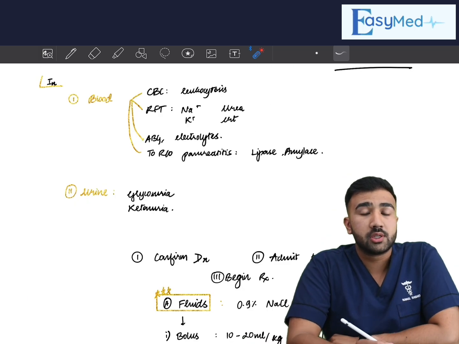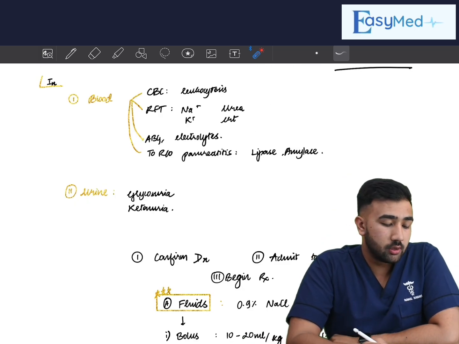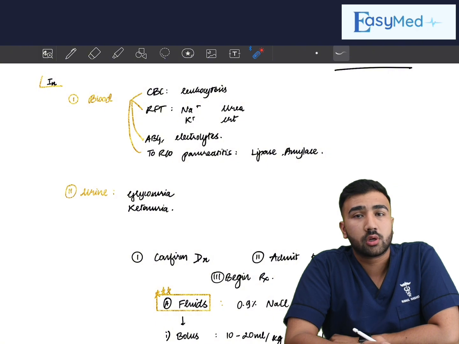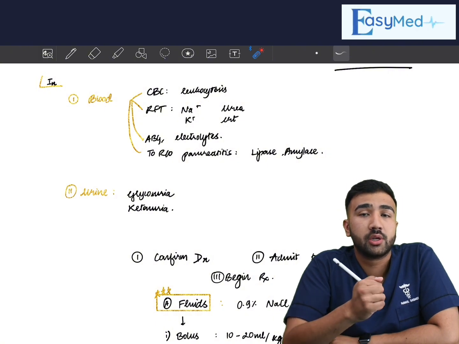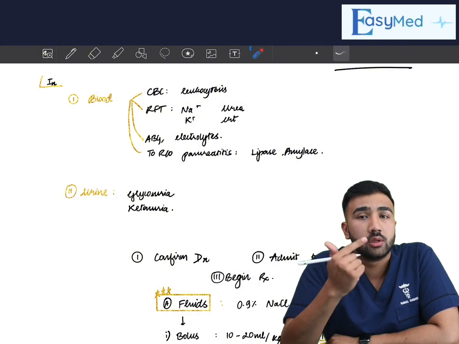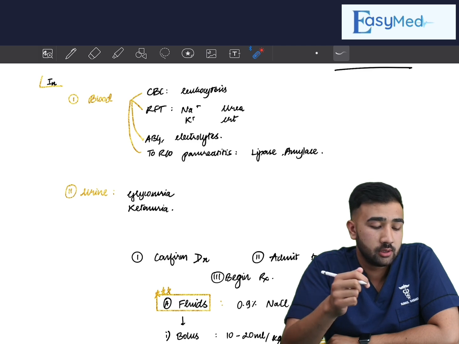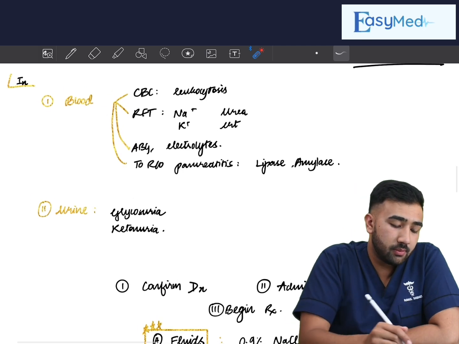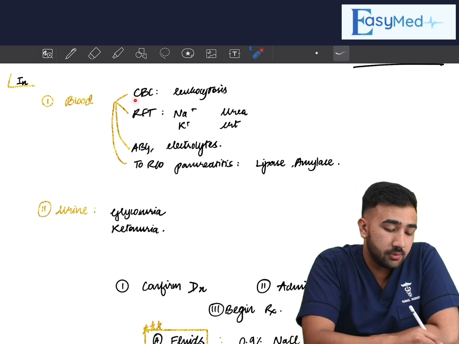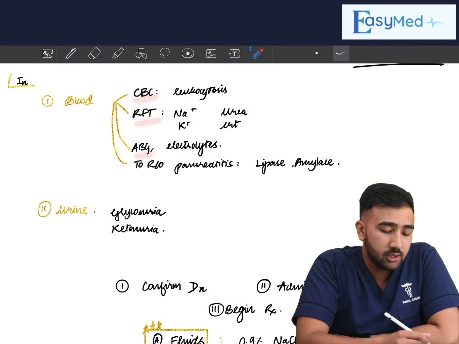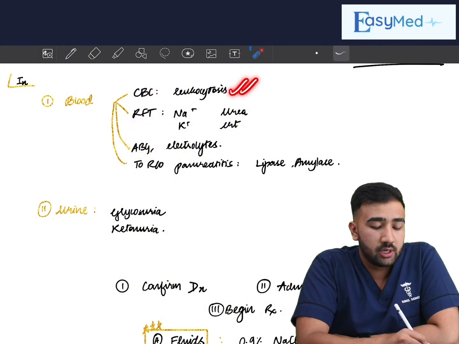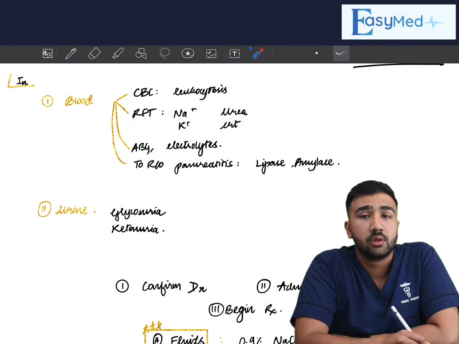Now we'll proceed with the investigations to confirm whether it is DKA or not. For the confirmation, the main 3 categories are the glucose, the ketone, and pH. In blood, what we can do is CBC, RFT, ABG. In the CBC there is invariably leukocytosis.